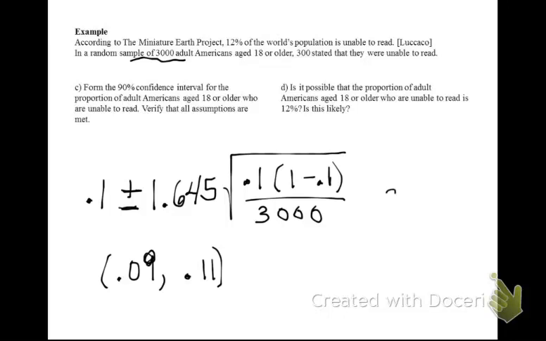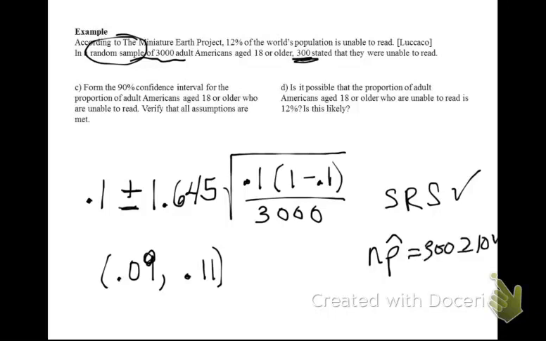And our assumptions are simple random sampling, which we see, random sample, so that's been met. 10 or more successes, n times p hat. 10 or more people unable to read. And in this case, 300 people stated that they were unable to read. We also need 10 failures. That's n times 1 minus p hat.